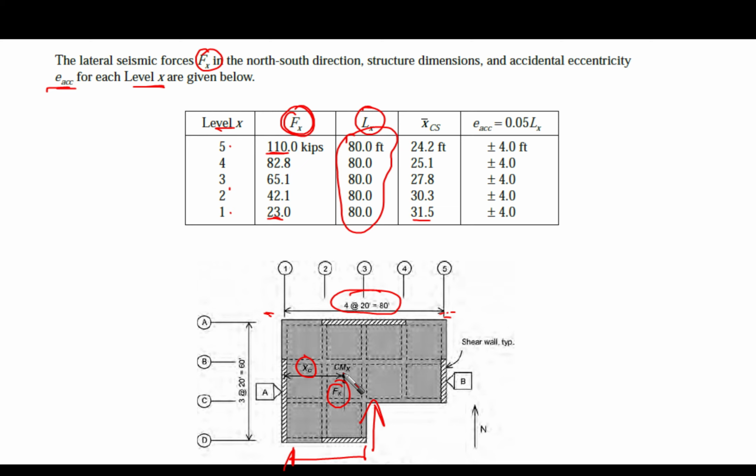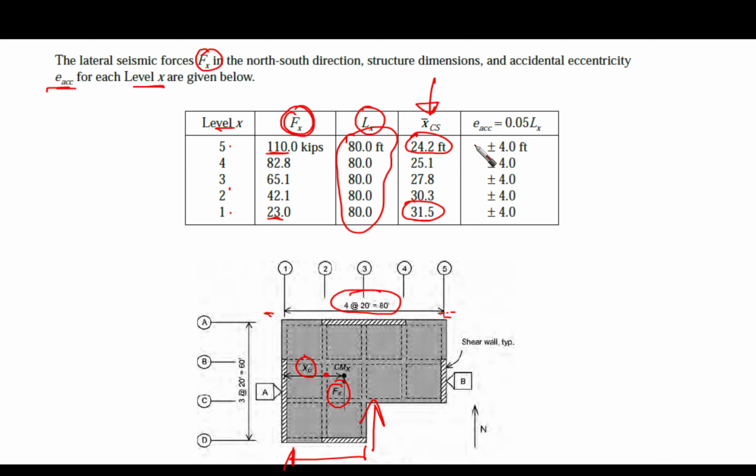The center of mass is moving right and left for each floor. For example, on the first floor it is at 31, let's assume it is here, but for the 5th floor it is 24, so the center of mass is going to be here. So each floor should be studied alone in order to obtain the center of mass.